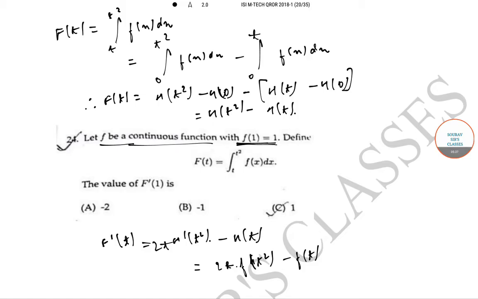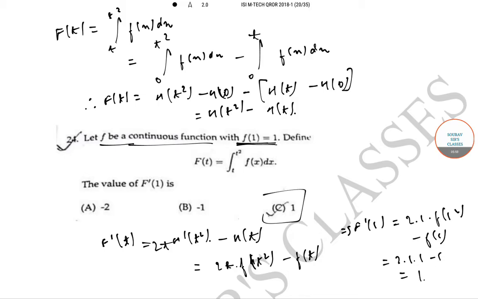Now putting t equal to 1, we get F dash (1) is equal to 2 into 1 into f(1) squared minus f(1). So 2 into 1 into 1 minus 1, so 1. Therefore the correct answer is option C.